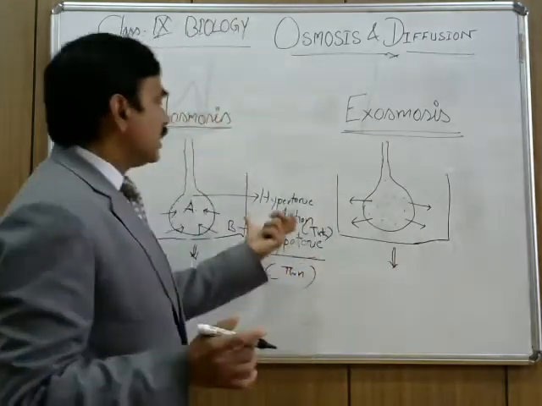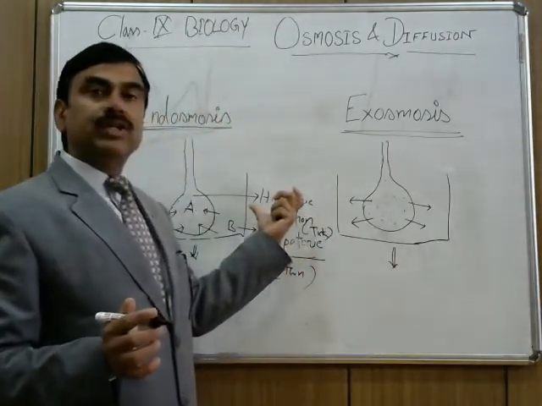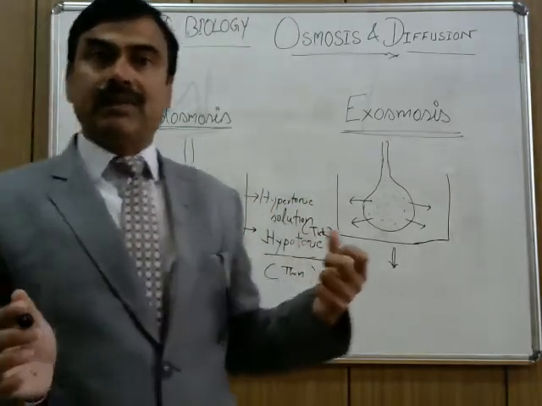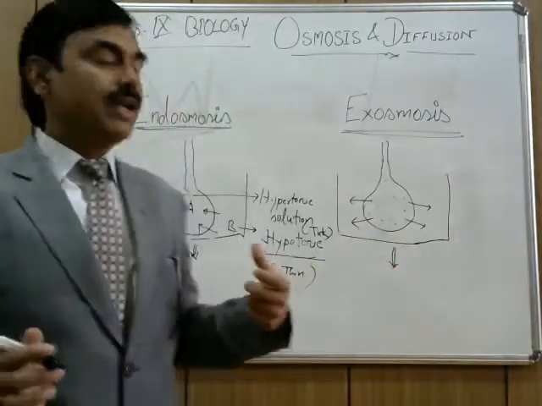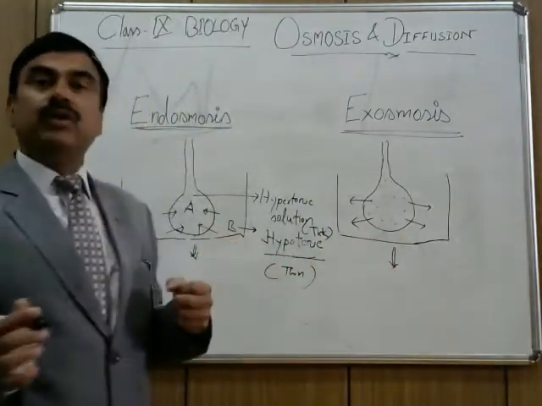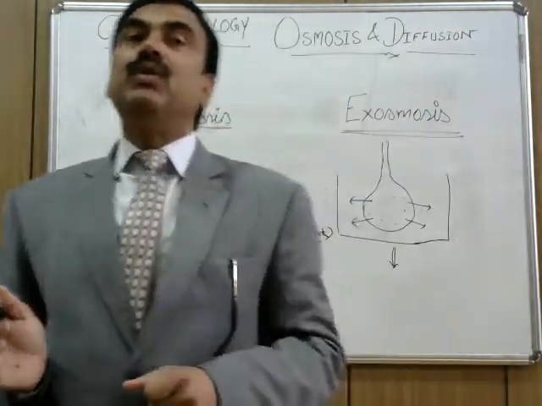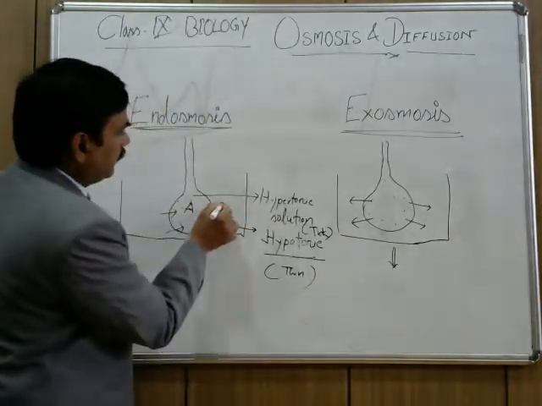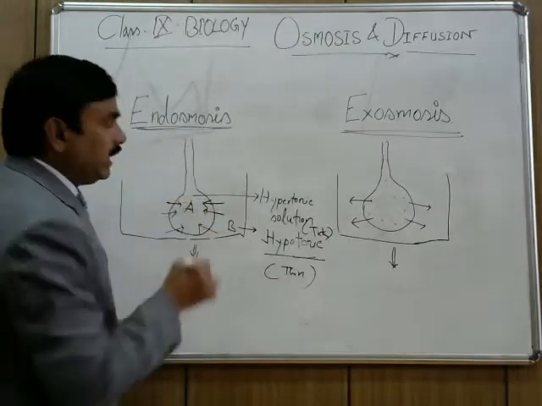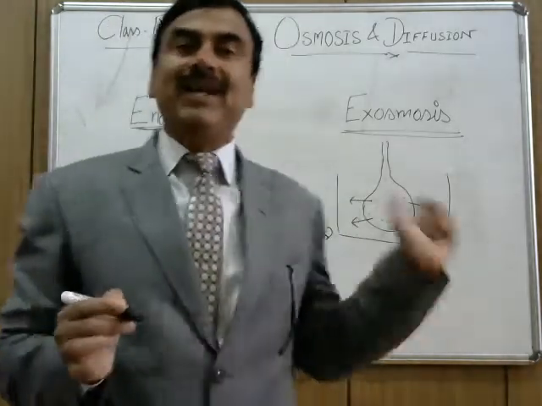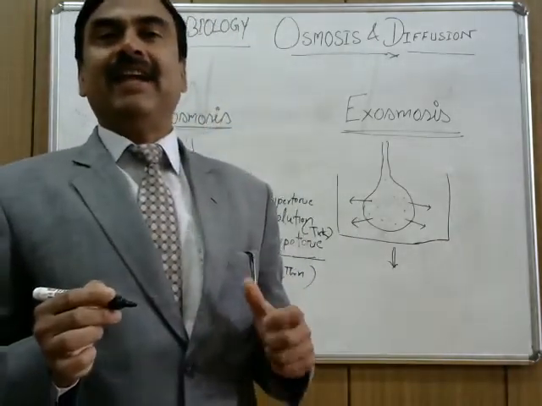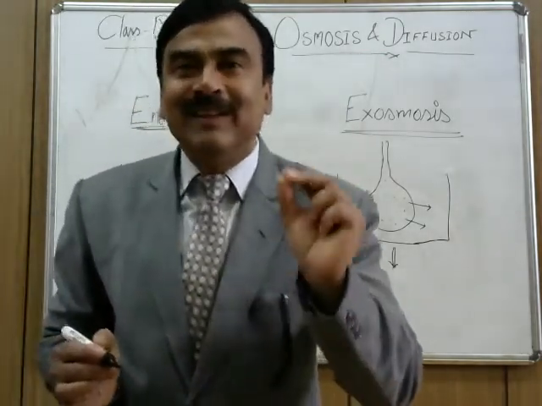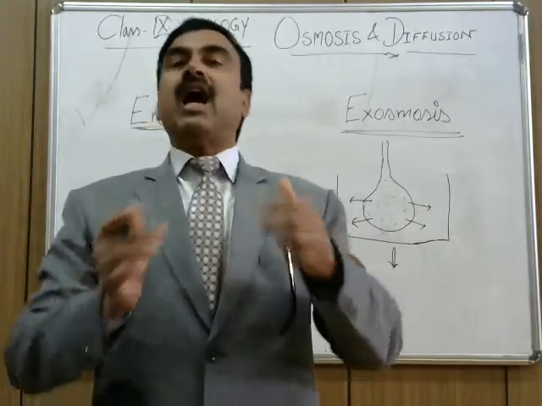So now see, suppose in the hypertonic solution there is 60%, 80% solute, and in the hypotonic solution the solvent moves. So the inflow of the water is taking place. With the example of dry raisin, dry kismis, you can easily understand what you observe after 1 hour.